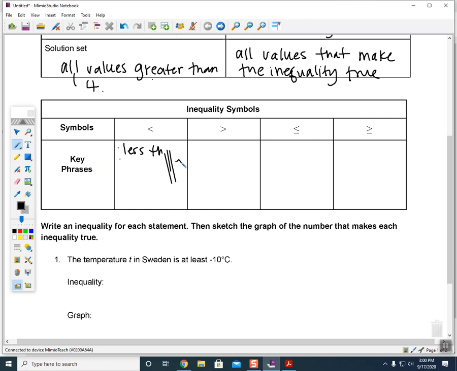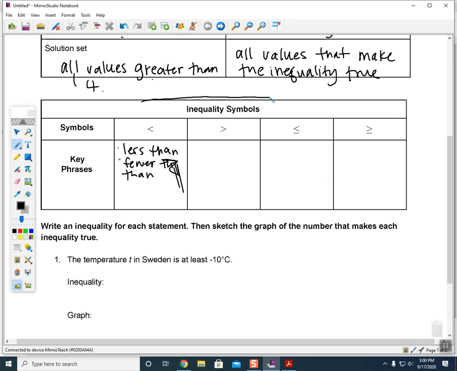Another way that you might see it is fewer than. And when we talk about graphing inequalities, we graph them on a number line, okay?